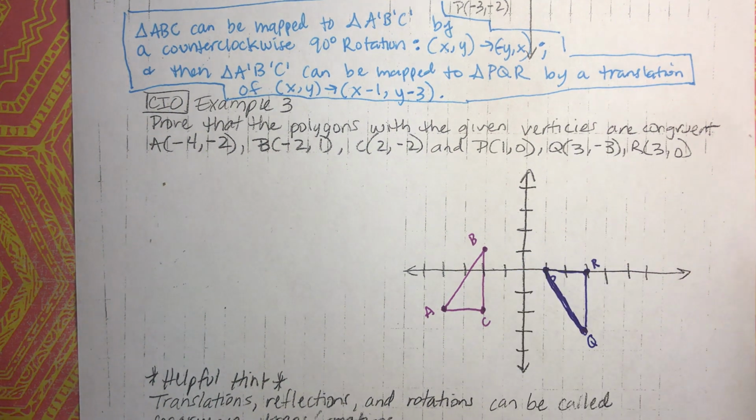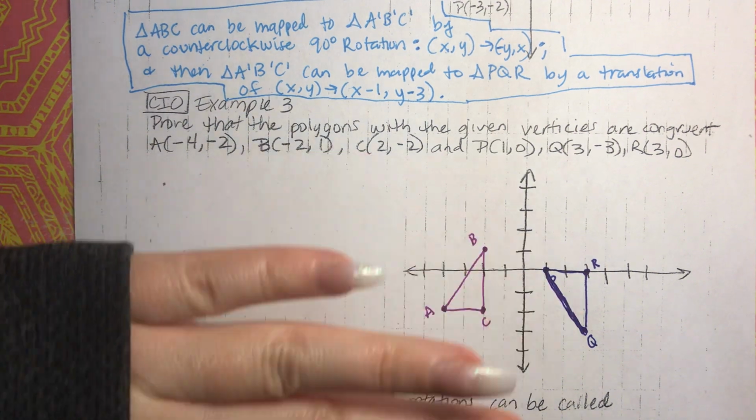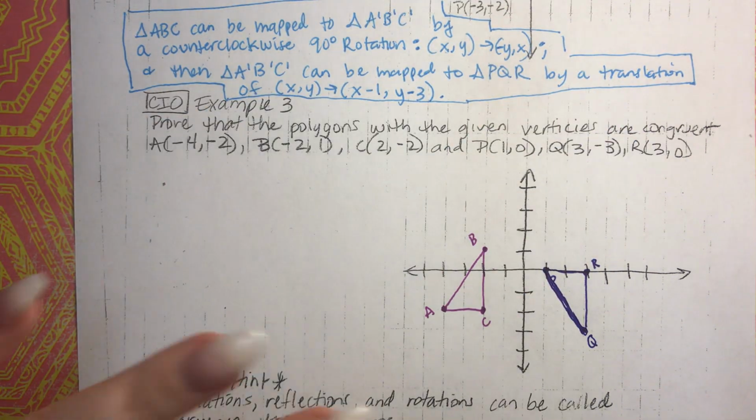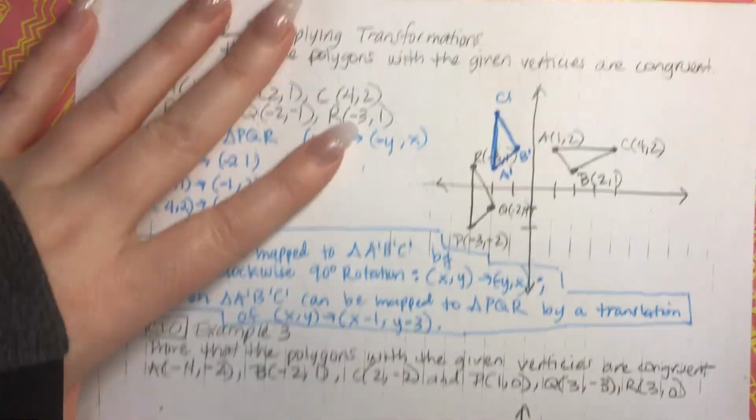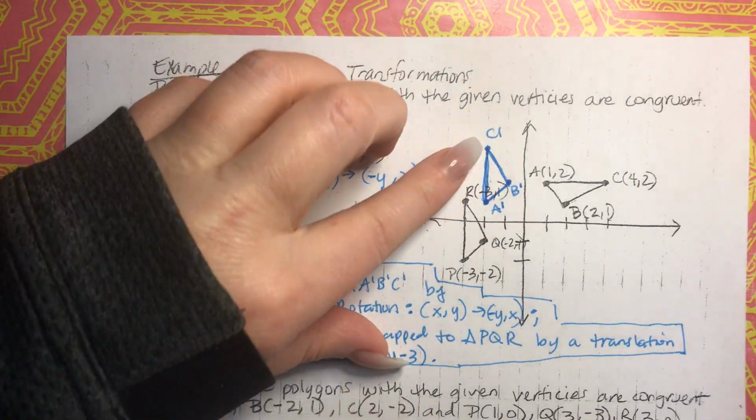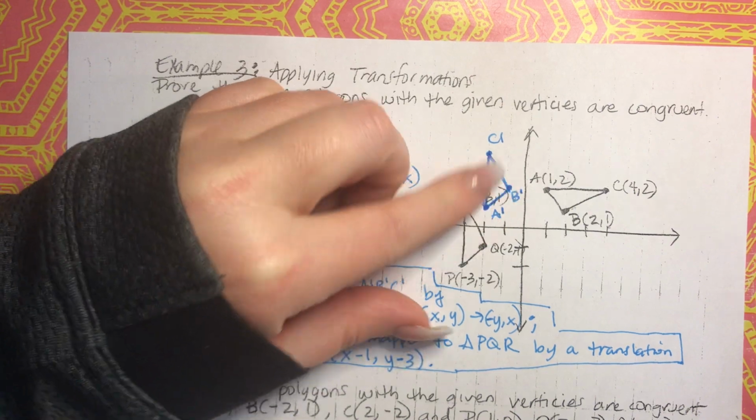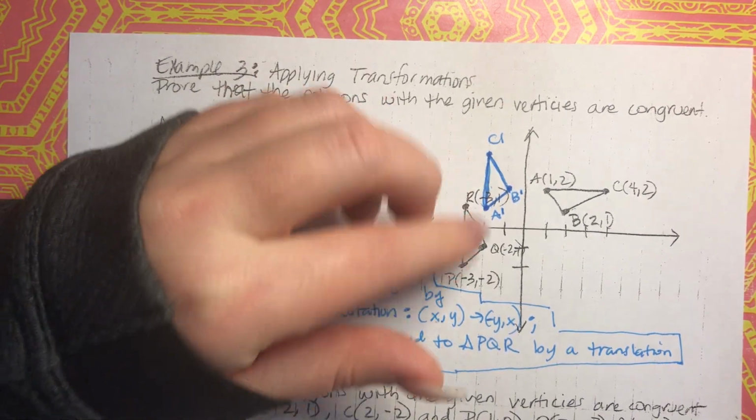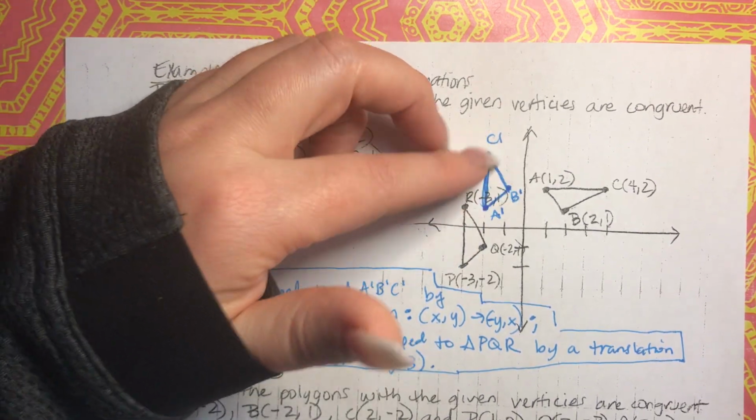Whenever I'm doing these and there are multiple transformations happening, I like to do the ones where it changes the shape first. So up here, I like to get the shape kind of in the same position.